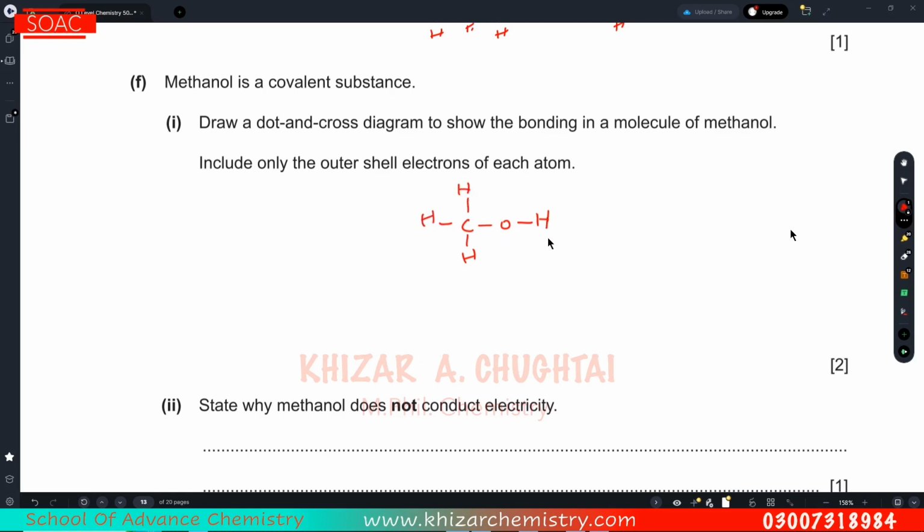Now I'm going to draw the dot and cross. Let's suppose I give a dot for the carbon electrons, a cross for oxygen, and a cross for hydrogen.